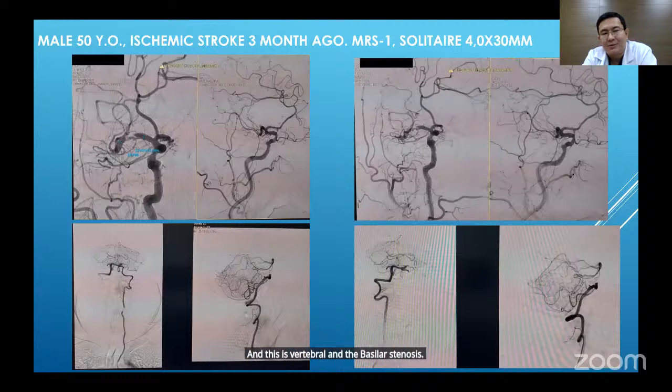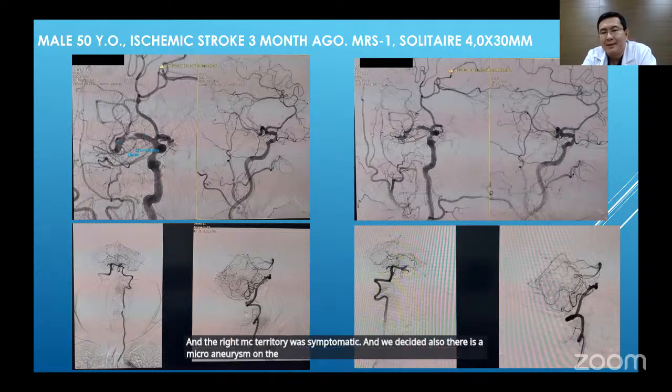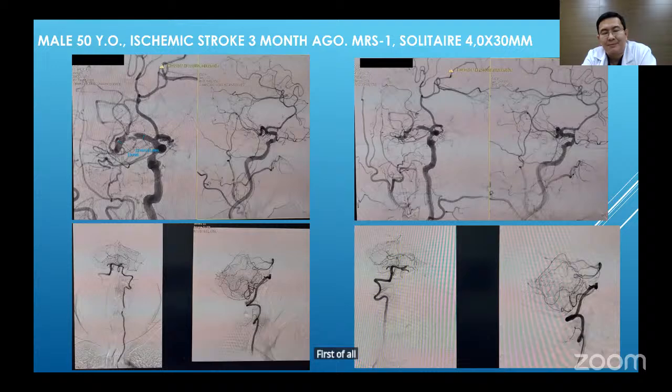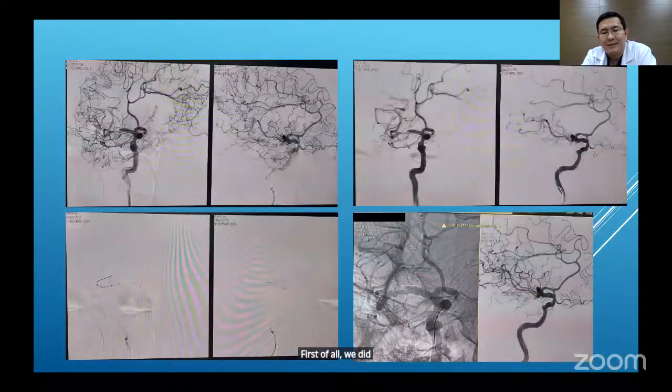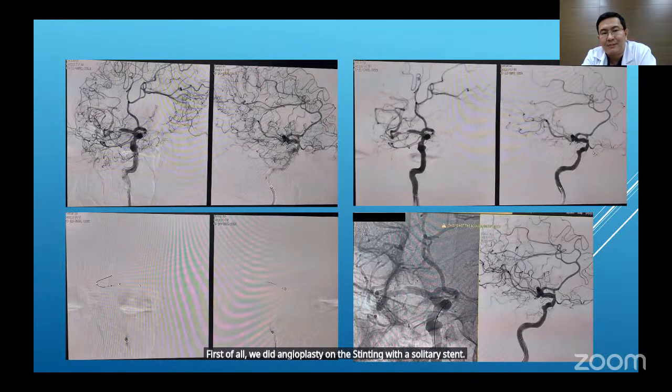And this case with chronic occlusion of the basilar artery, asymptomatic surprisingly, and the right MCA territory was symptomatic. And we decided also, there is a microaneurysm on the ACA, A1, A2. First of all, we did angioplasty and stenting with a Solitaire stent for 20.